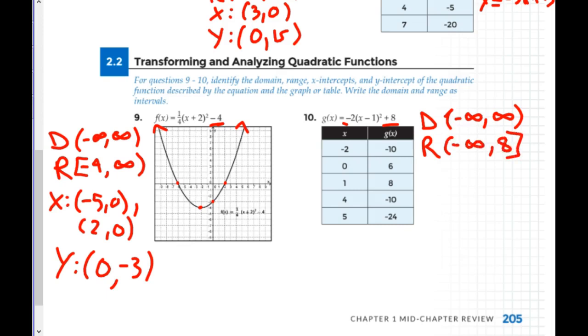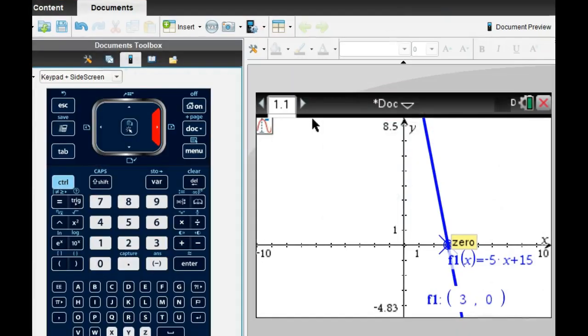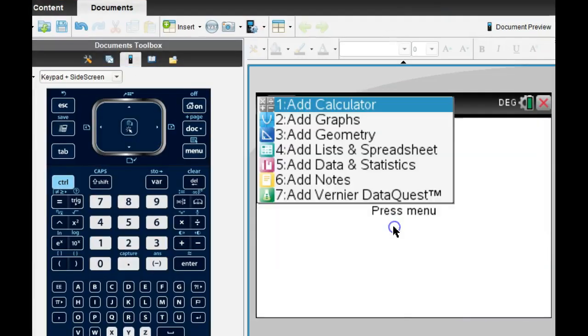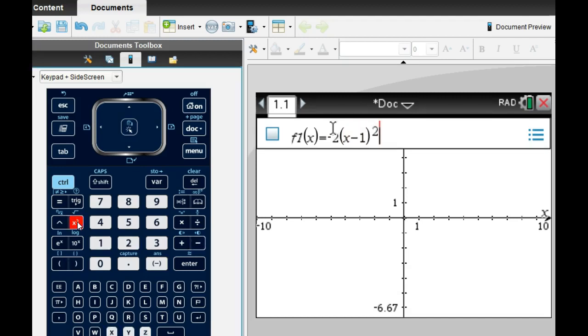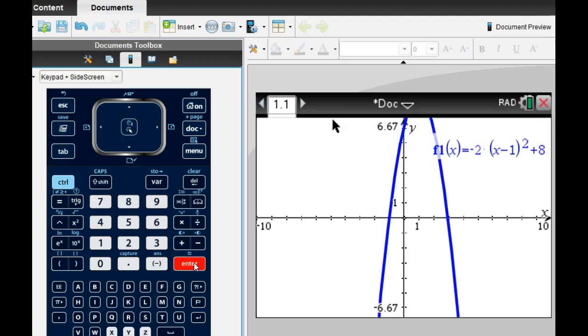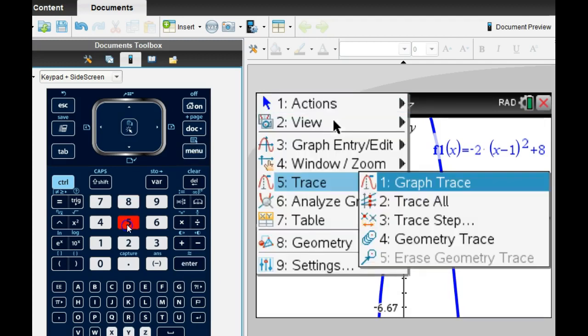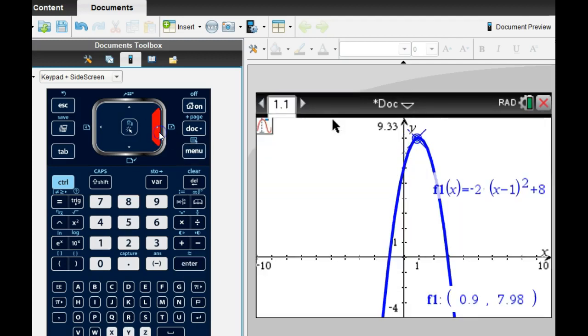Okay, so it would help if we could graph that. -2 parentheses x minus 1 squared plus 8. So you see how it has a max and it's going down forever. It goes up to positive 8.